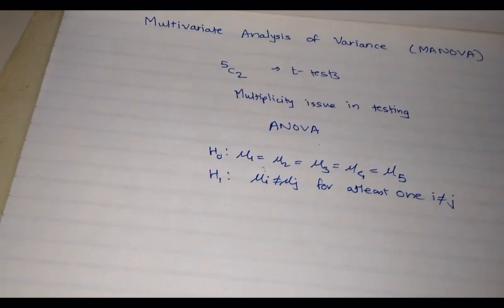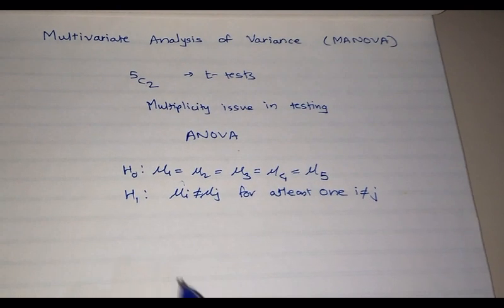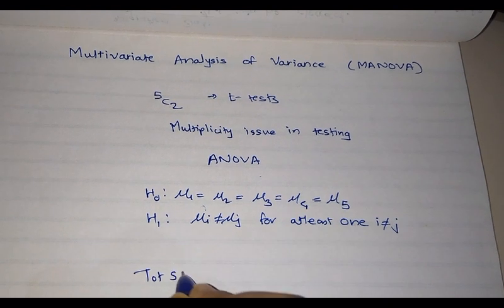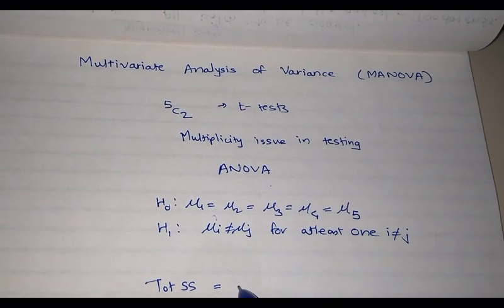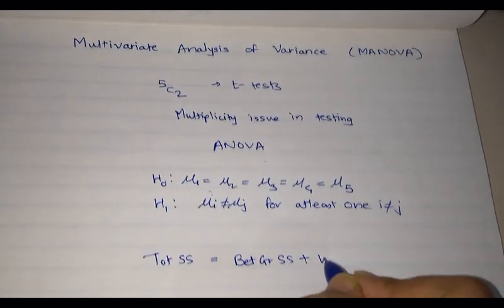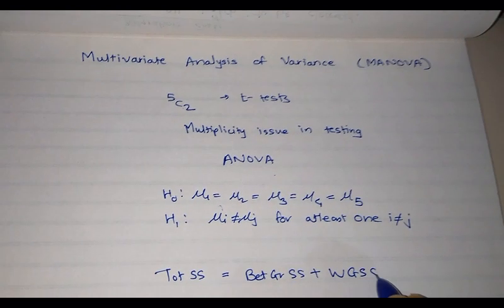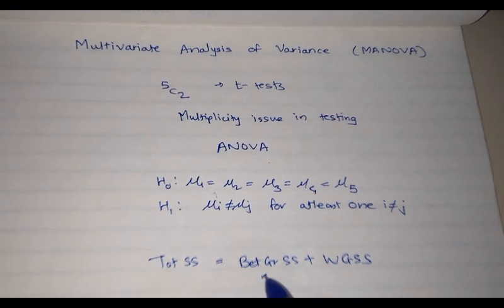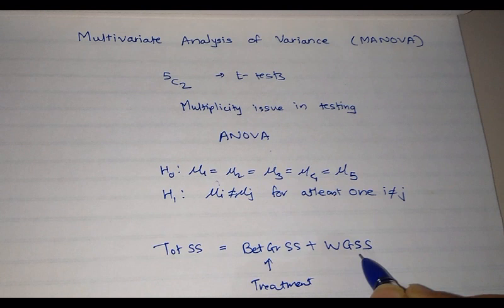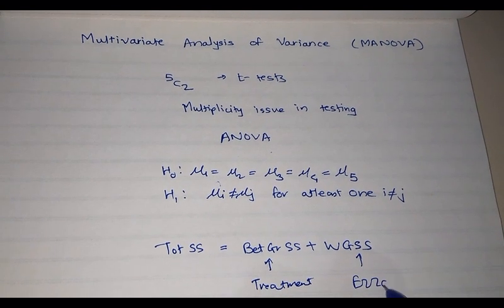So how is ANOVA performed? You try to break down the total sum of squares into two parts, between group sum of squares and within group sum of squares. The between group sum of squares you call, say, the treatment effect, and the within group sum of squares you call the error effect.